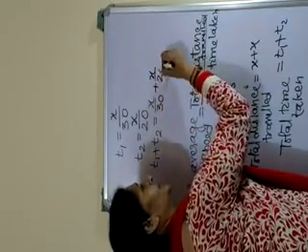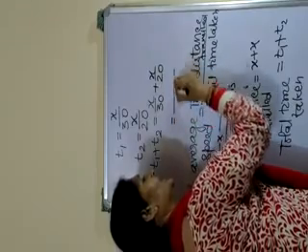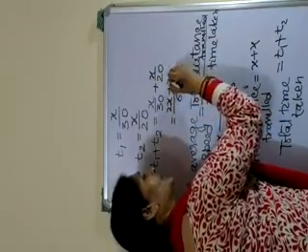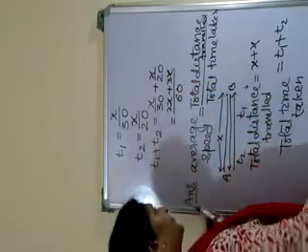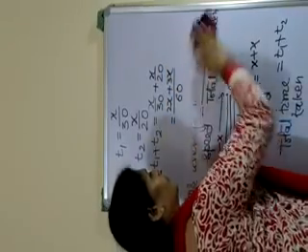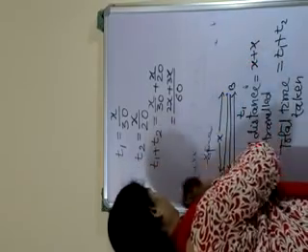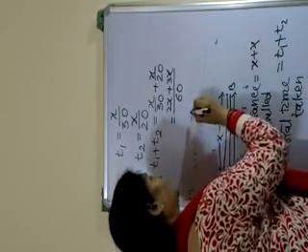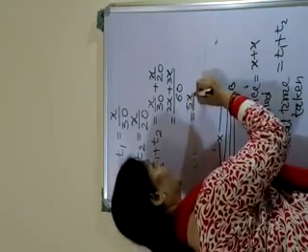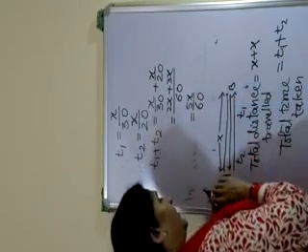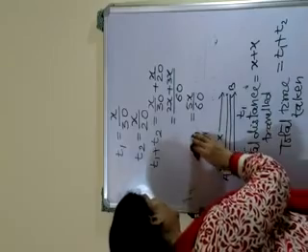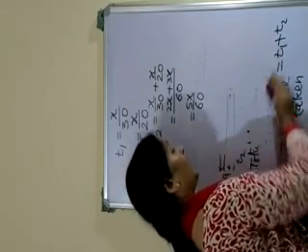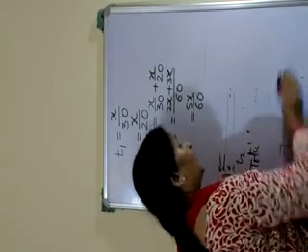The LCM will be 60, 2x plus 3x, and this is equal to 5x by 60. Now we will put these two values, total distance traveled and total time taken, in the formula of average speed.